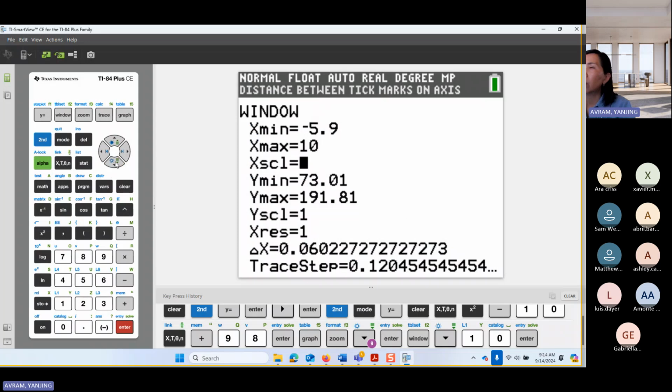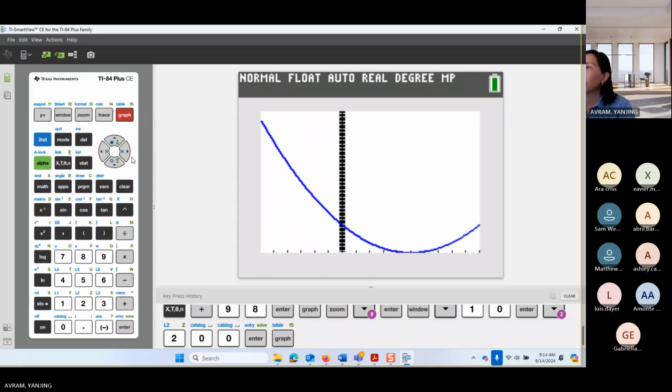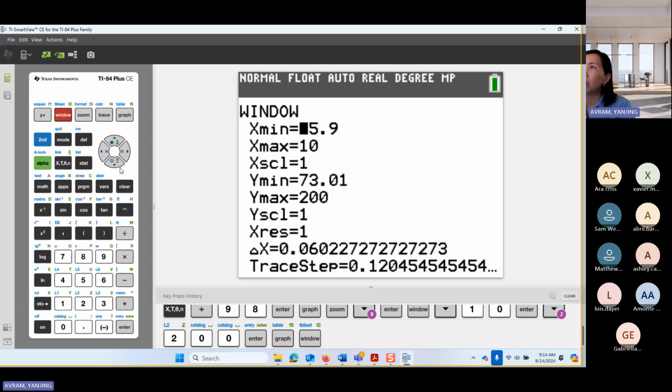Okay, this one is a really big one. All right, so I still couldn't see the entire graph right here. So maybe I want to increase my x a little bit more.